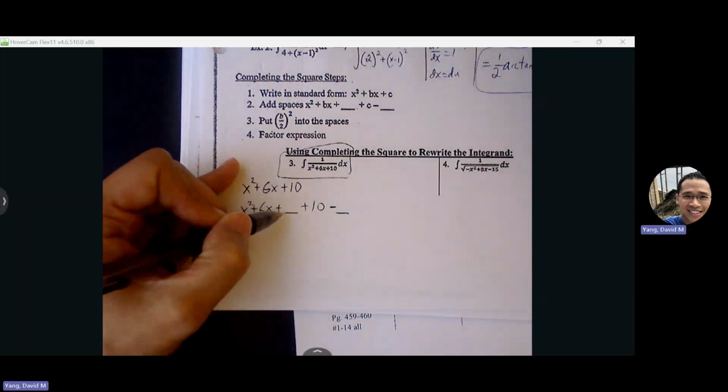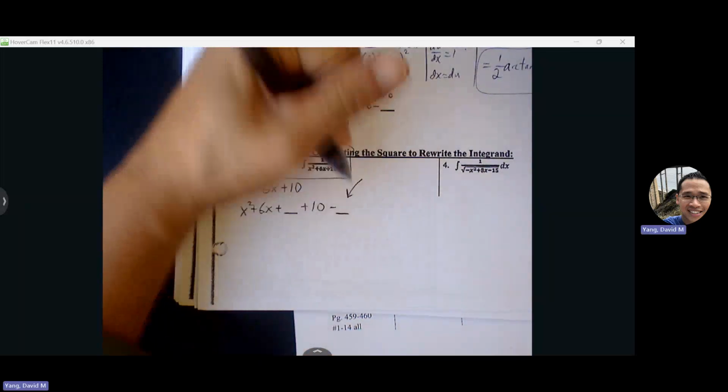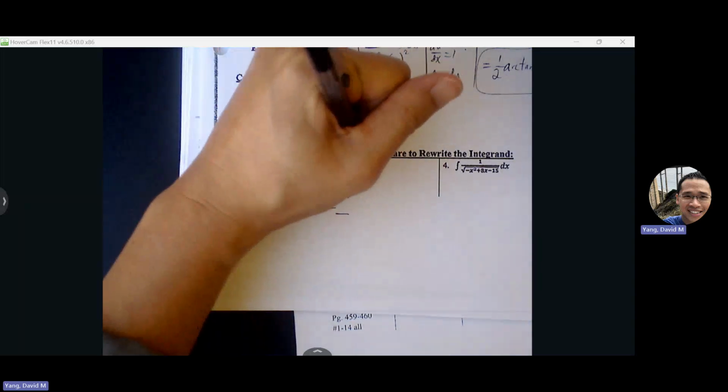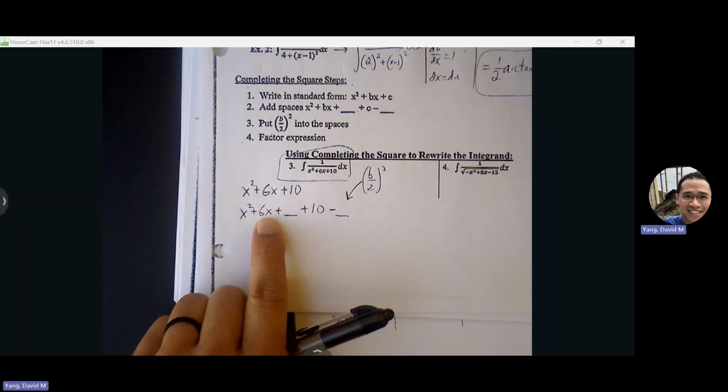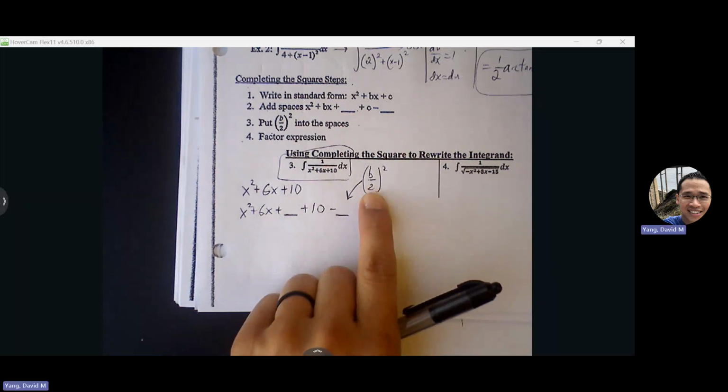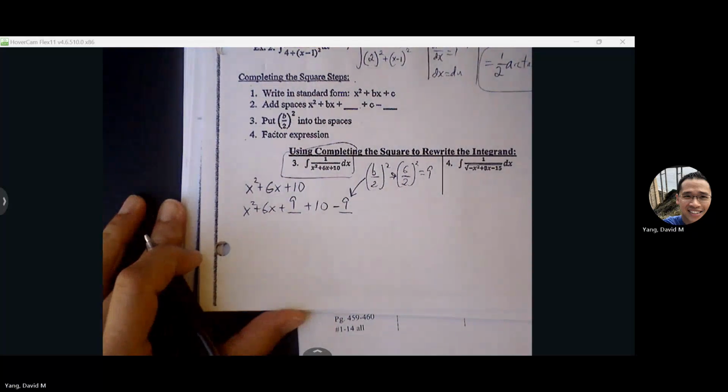Okay, so how do we know what to fill in those spaces? Those spaces will be the same value: b over 2 squared, and your b value is the coefficient in front of the x. So 6 over 2 is 3, and 3 squared is 9. So you put a 9 here and a 9 next to it.